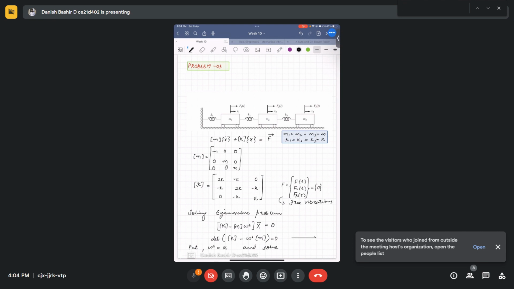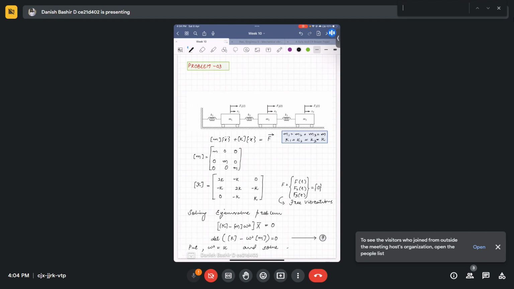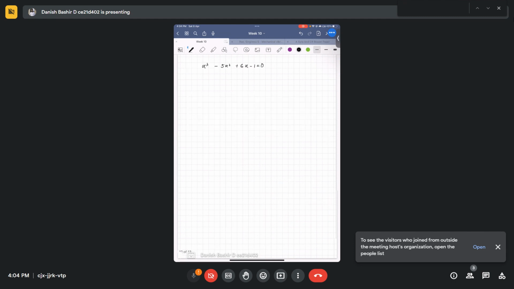So solving equation 8, we will get alpha.